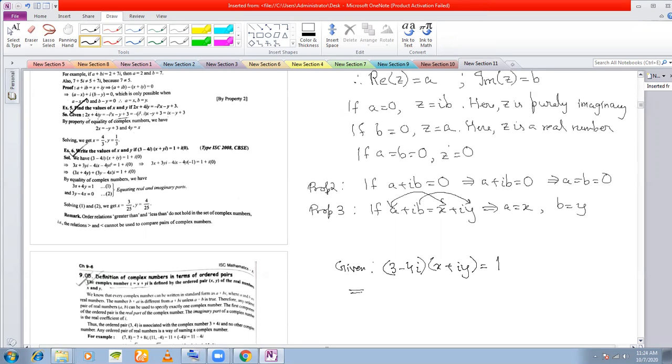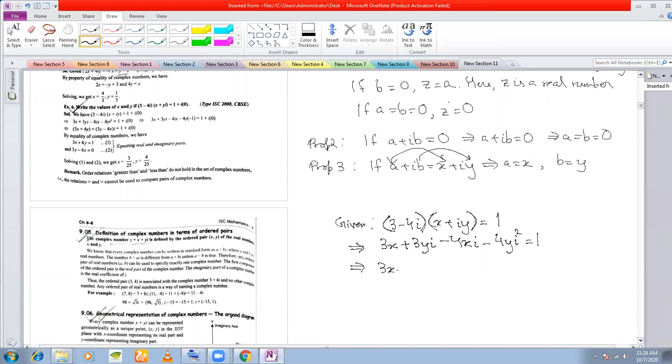So what you do here is you multiply the left hand side, and when you see this product, you try to express it in the form a plus ib. But before that, you need to multiply this. So 3x plus 3yi minus 4xi minus 4yi square is equal to 1.